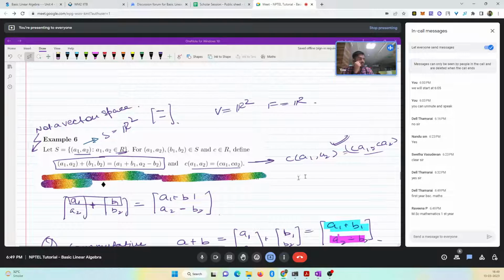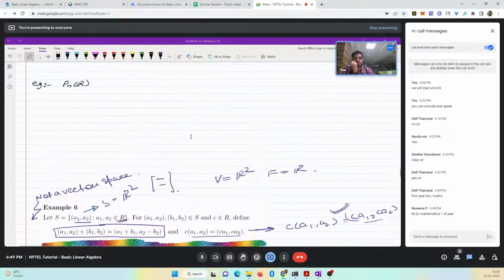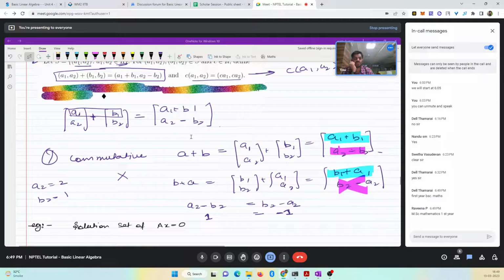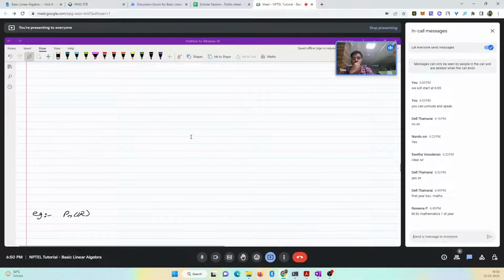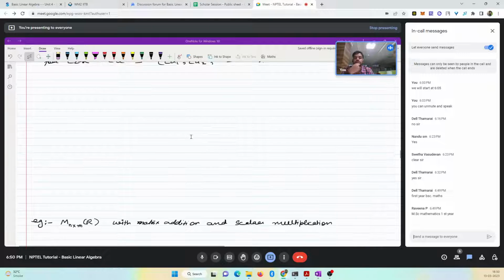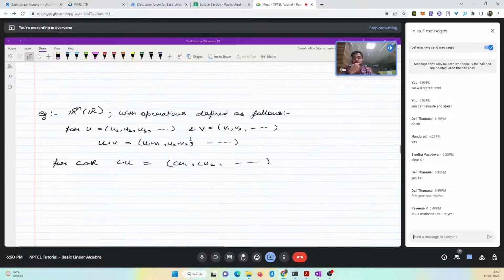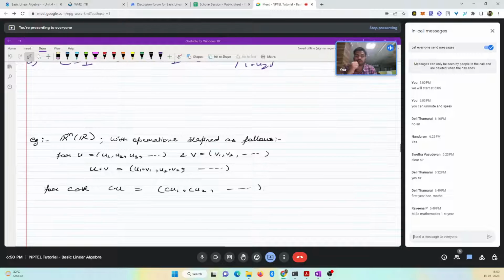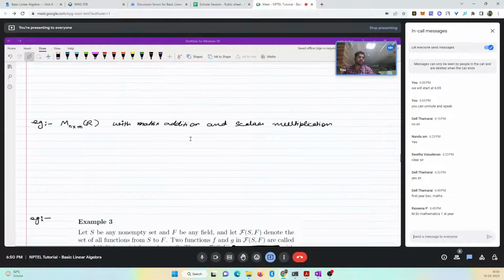Ravina, then it might be a bit boring for you, but I have some proofs later on that might suit your degree. If you're doing MSc, then this might be very basic stuff for you. Dell, this might be useful for you. I'll try to cater to both of you.